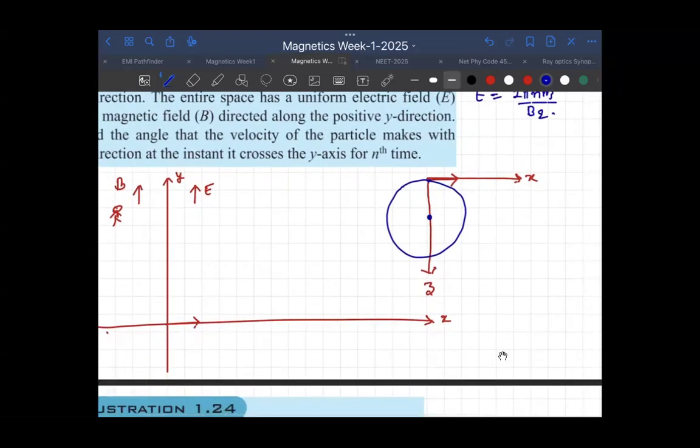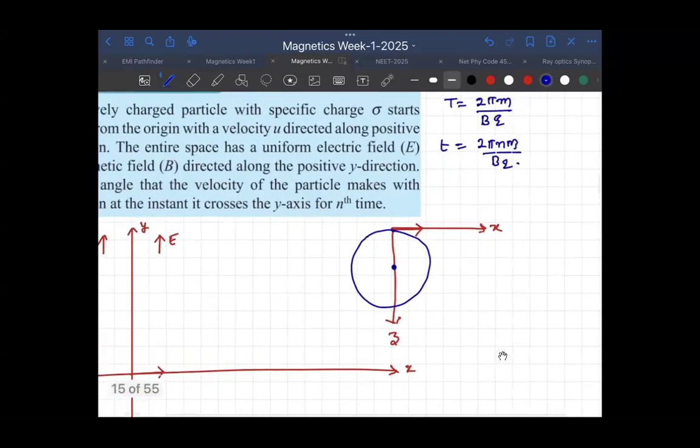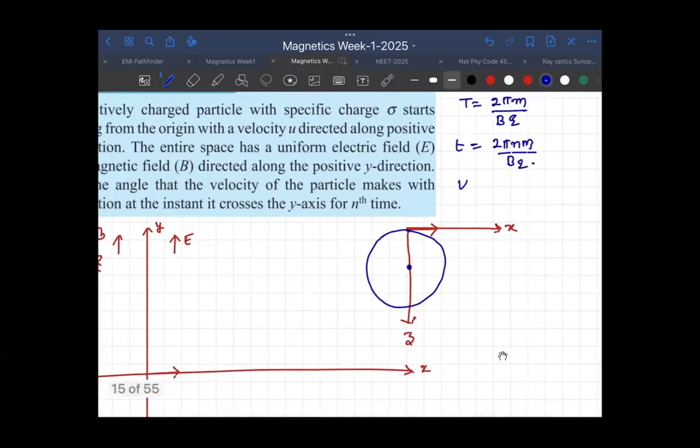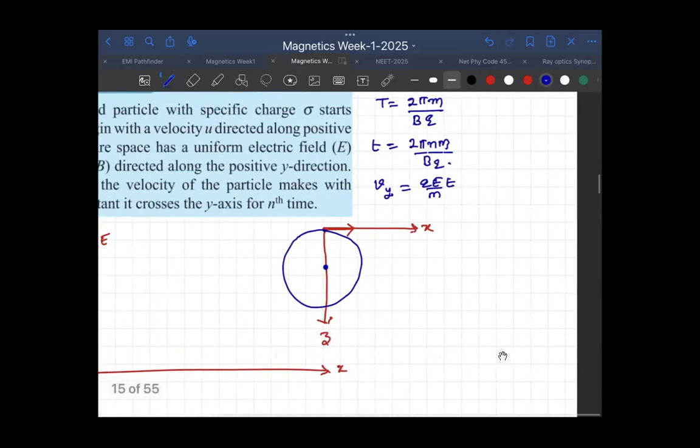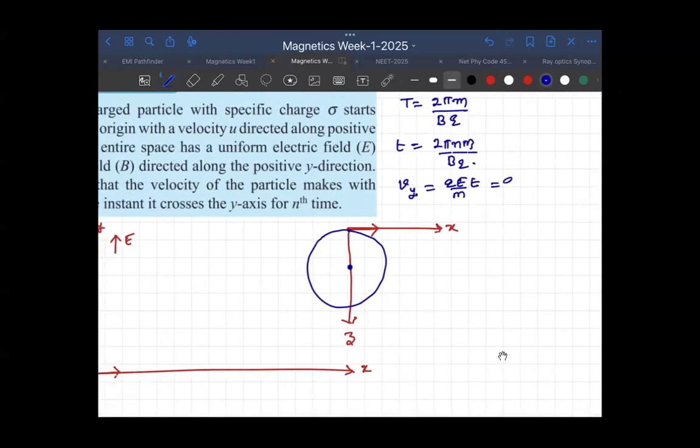Right. So therefore at that instant, what is the Vy component? Vy component is QE by m into t, QE by m into 2 pi n m by bq.